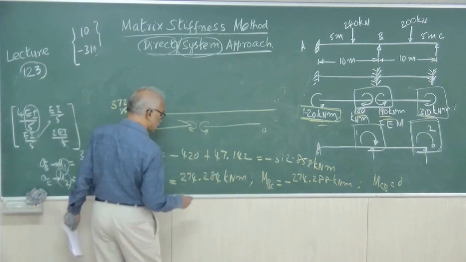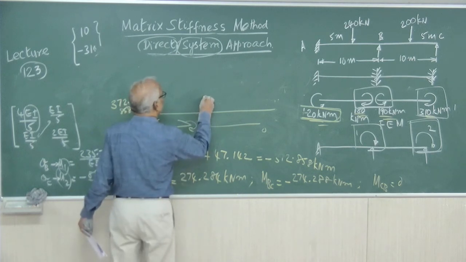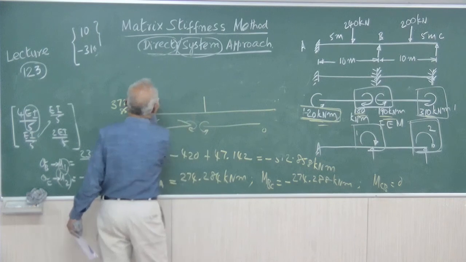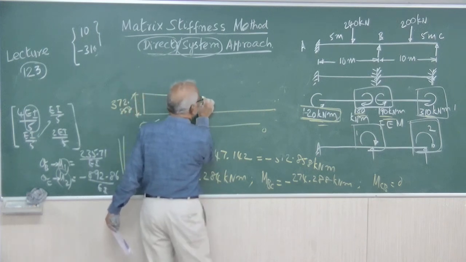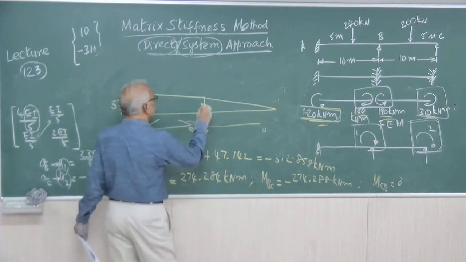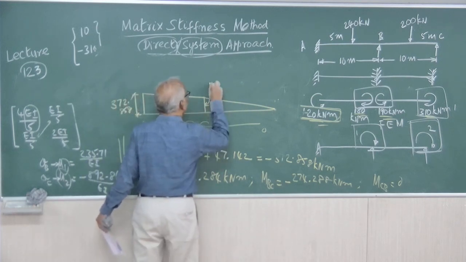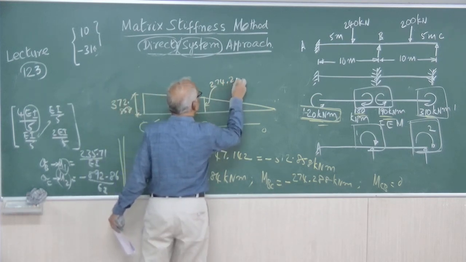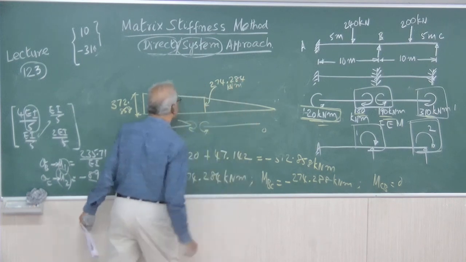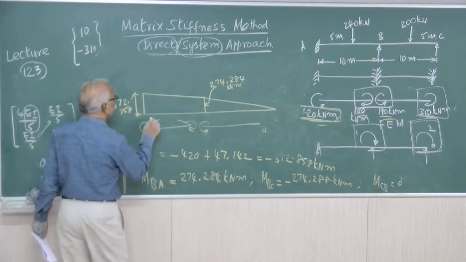Therefore, it is 272, a lesser value, and here it is 0. So this value is 274.284 kilonewton meter.